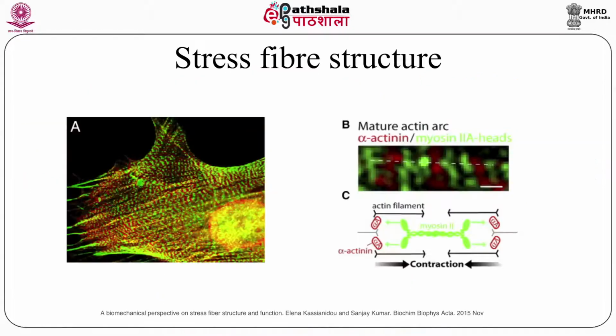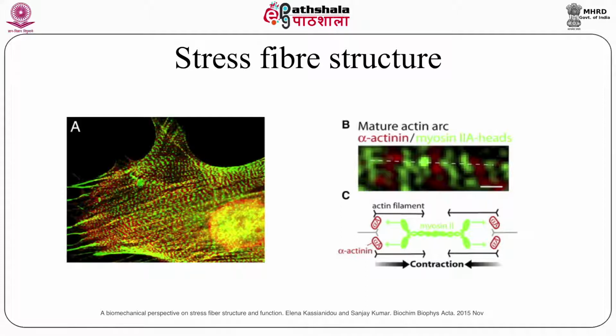In this image, you can see A, a fibroblast cell stained with myosin light chain as red and alpha-actinin as green. This figure shows periodic localization of proteins along the stress fibers, that is, the red is interspersed with the green. Panel B shows osteosarcoma cells expressing alpha-actinin as red and myosin as green.